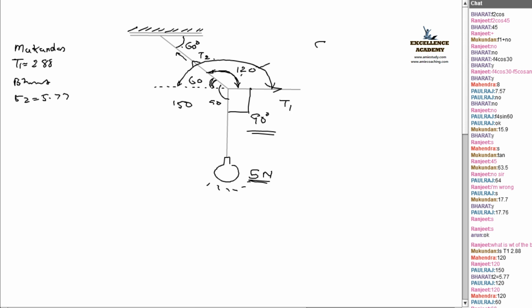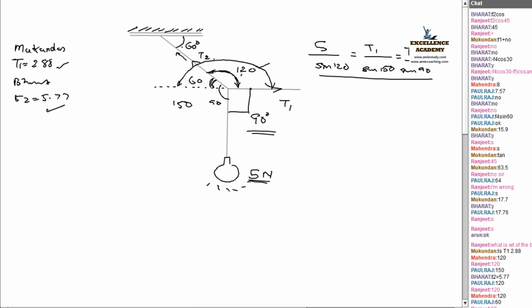That is 5 by sine 120 equals T1 by sine 150 equals T2 by sine 90. This will be the equation according to Lami's theorem. The answers given by Mukundan and Bharat both are right, but one problem is there. What about the units?